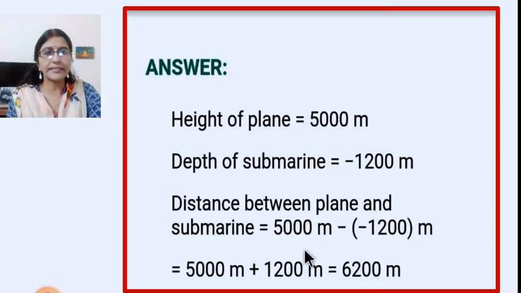Now the next step will be 5,000 plus, the minus becomes plus, and the additive inverse of minus 1200 is positive 1200. So that will be 5,000 plus 1200, which is 6,200 meters. So the distance between the plane and the submarine is 6,200 meters.